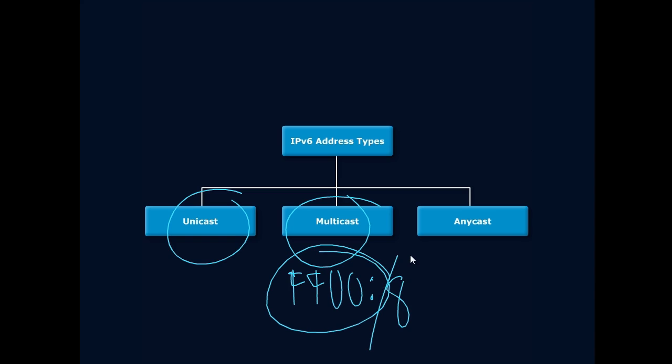Last but not least, we have the anycast address. Now, anycast is a very interesting thing. It did exist in IPv4, and what it does is it delivers to the nearest node with that IP address. That's right. We're going to have multiple nodes with the same IP address. We used to have what's called anycast rings. They're used a lot to diffuse a distributed denial of service attack.